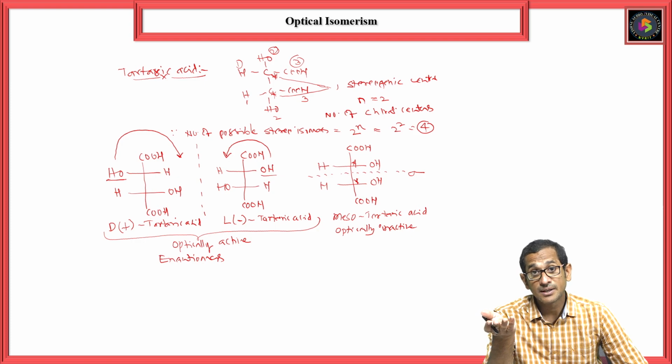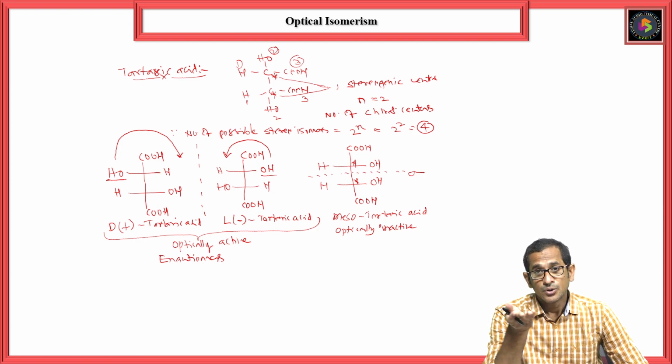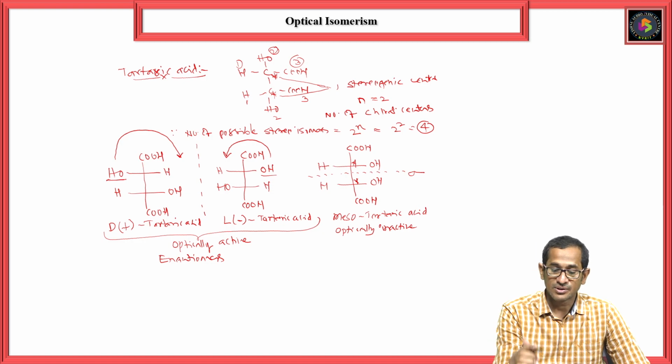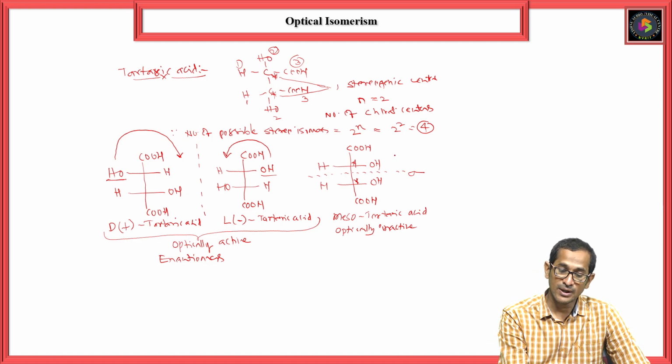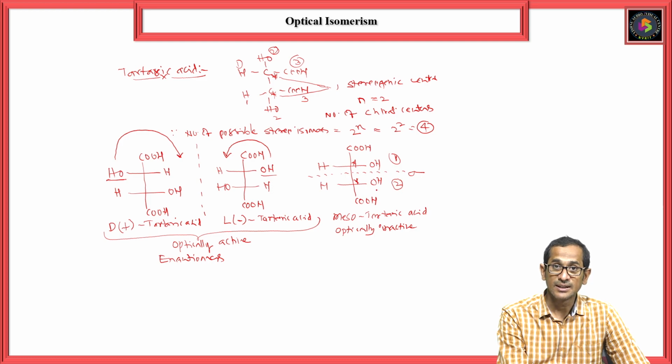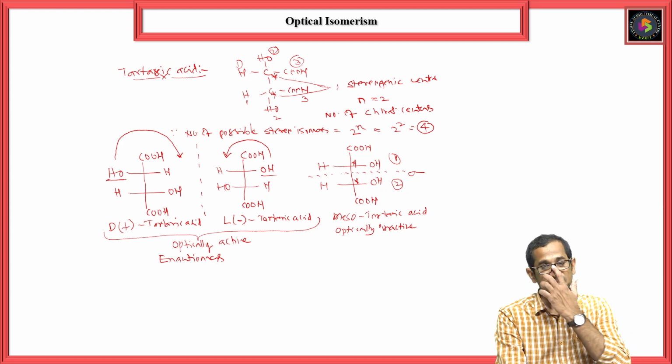What is the plane of symmetry? If you divide any object into 2 equal halves, here the above one is the first part and the below one is the second part. So I divided this compound equally into 2 halves, 1 and 2. And the first half is completely a mirror image of the second half.